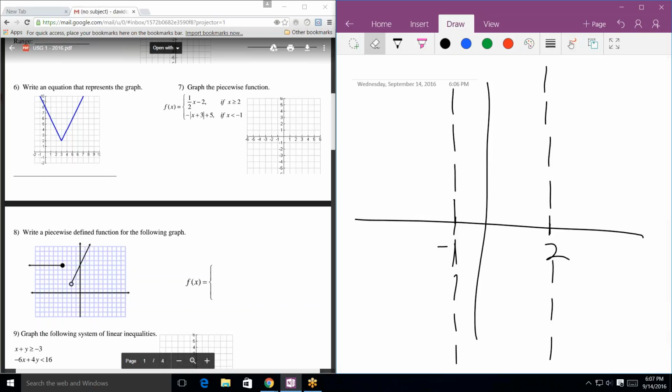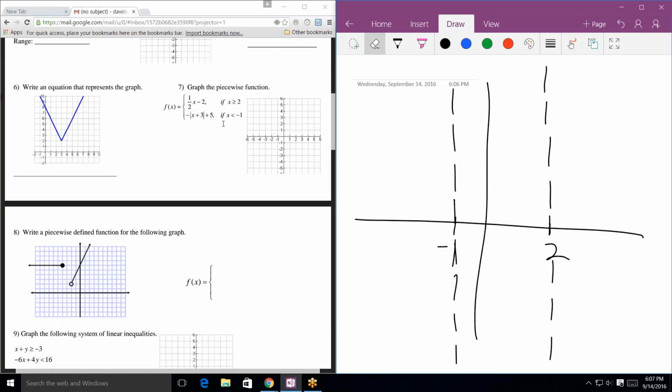Now, normally your domain starts from negative infinity and goes to positive infinity. For some reason, in this problem, they're going from right to left. Notice that the first domain they refer to is this one, to the right of 2, and the next domain they refer to is to the left of negative 1.